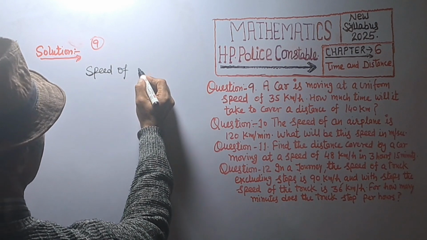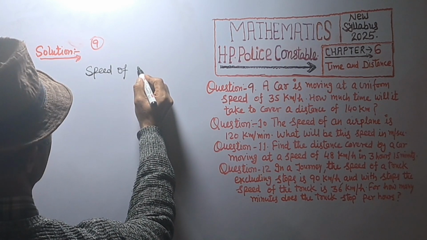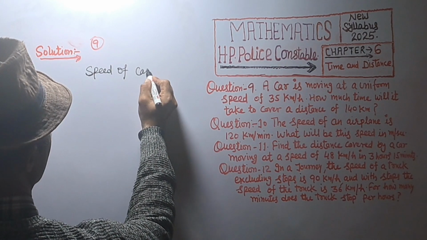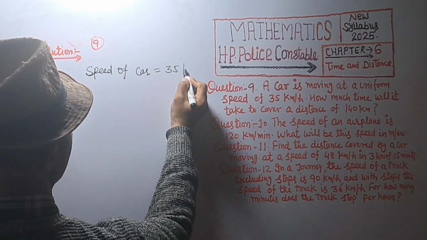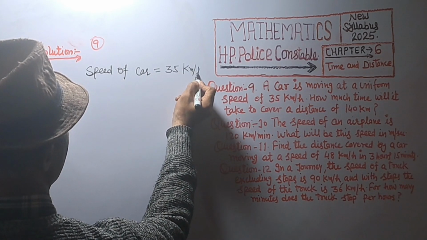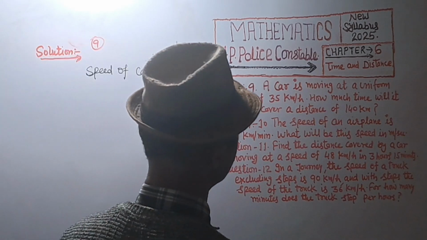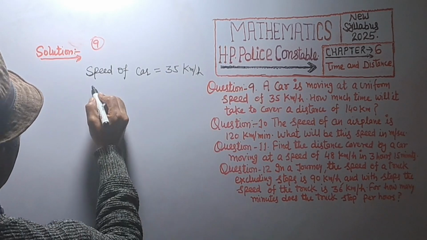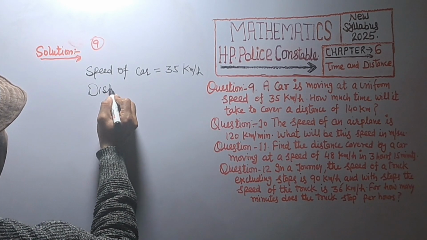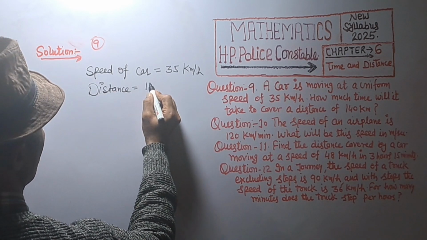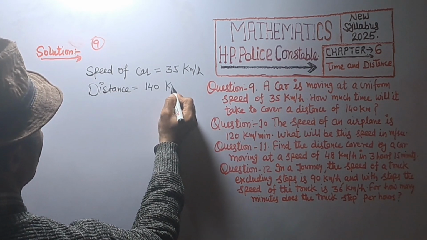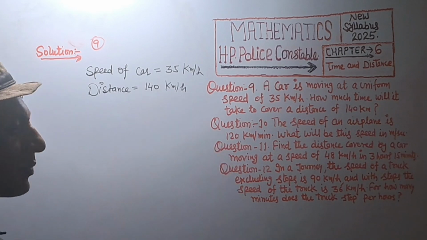Speed of car equal to 35 km per hour and distance equal to 140 km.